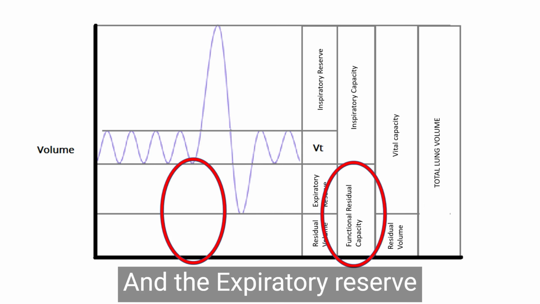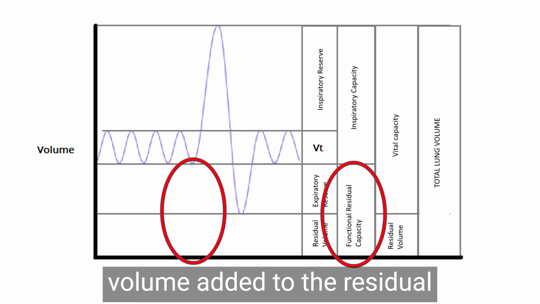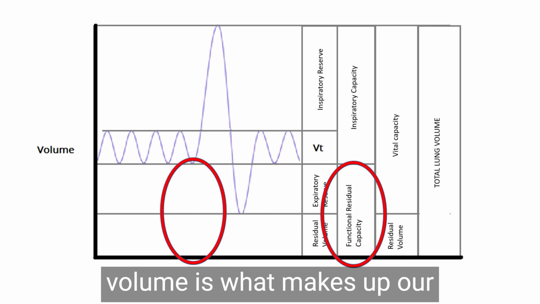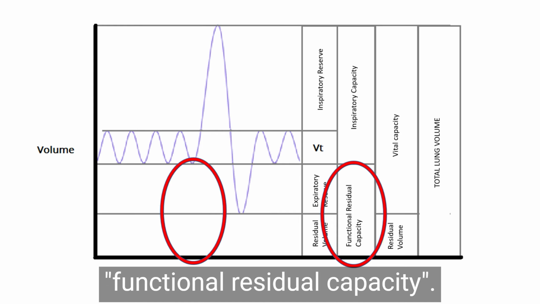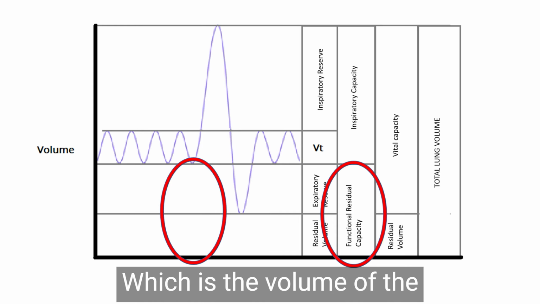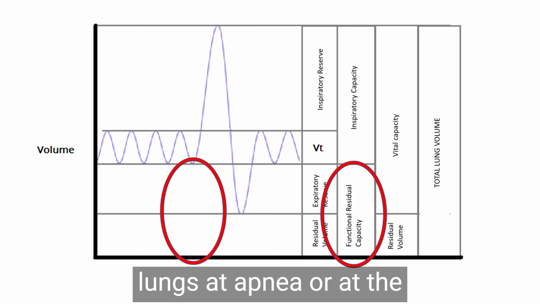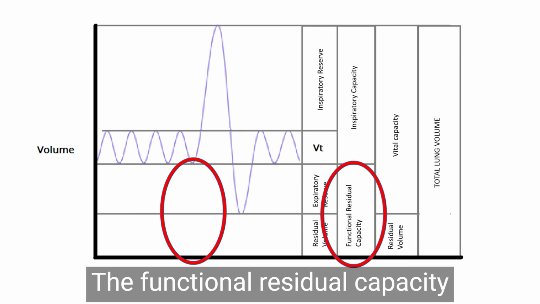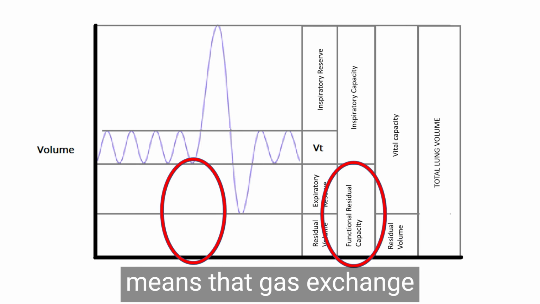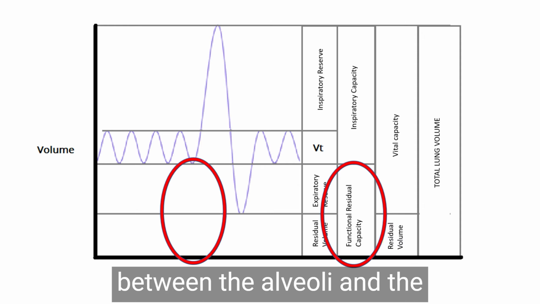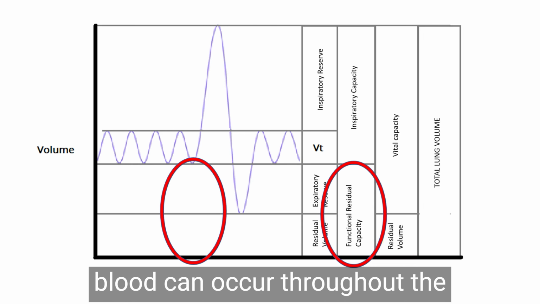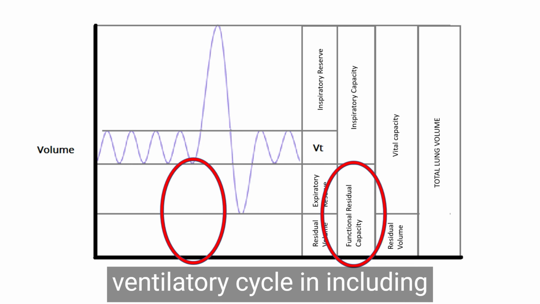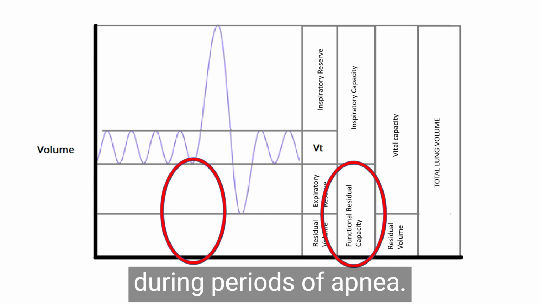And the expiratory reserve volume added to the residual volume is what makes up our functional residual capacity, which is the volume of the lungs at apnea or at the end of normal exhalation. The functional residual capacity means that gas exchange between the alveoli and the blood can occur throughout the ventilatory cycle, including during periods of apnea.